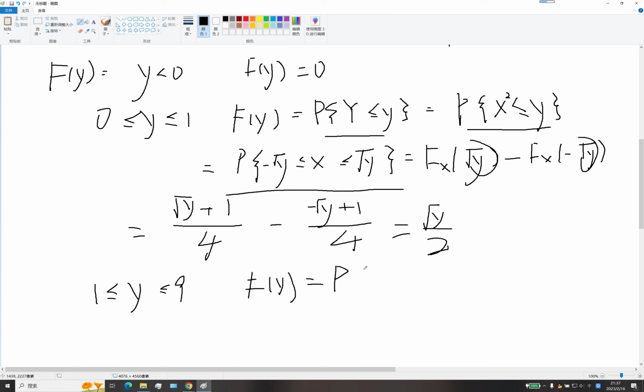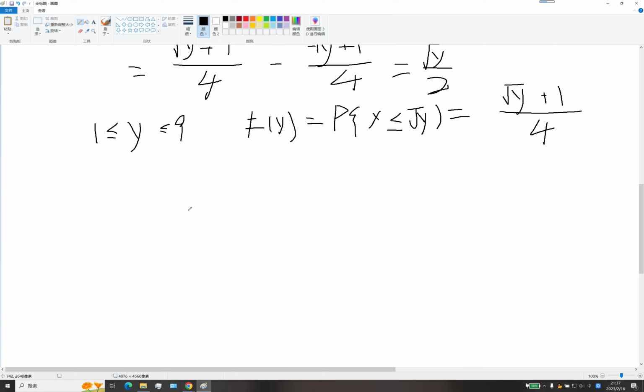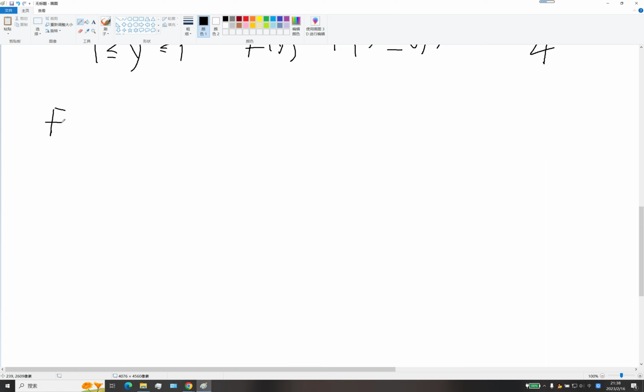This is only the right side because x cannot be less than -1 here. It is only this part. So the answer is this. Now we get the big F.